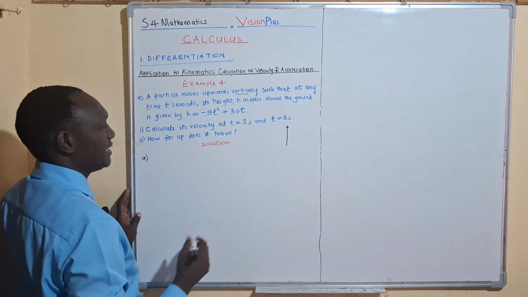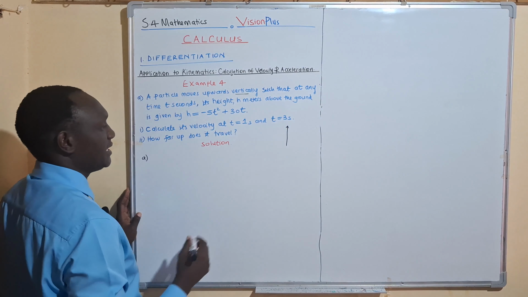This is the expression for the height of the particle above the ground at any time t seconds. That is the expression for the displacement. Now the displacement is in terms of height. We are displacing the particle upwards.